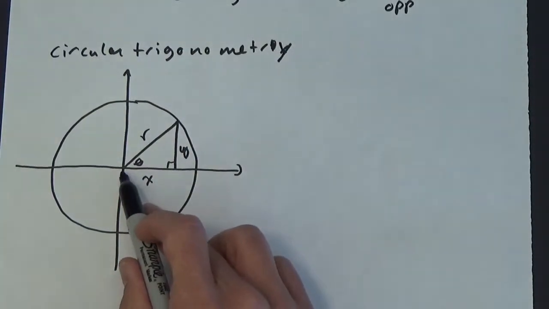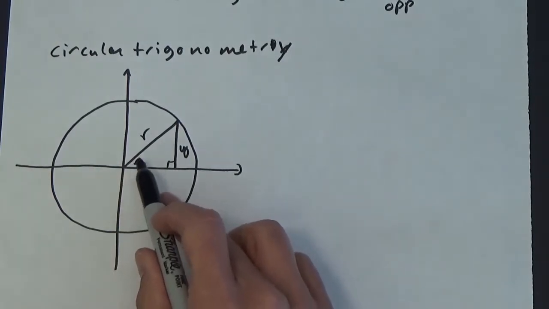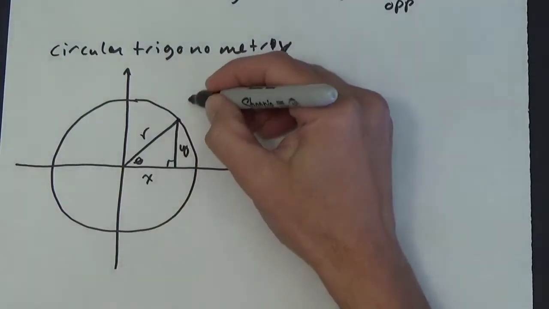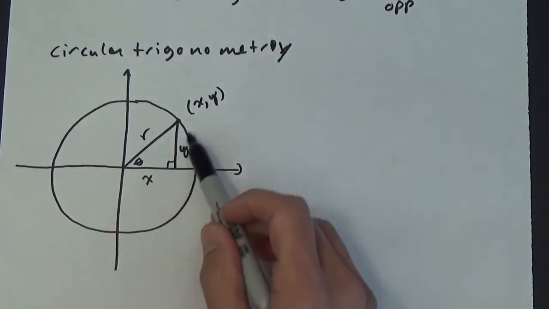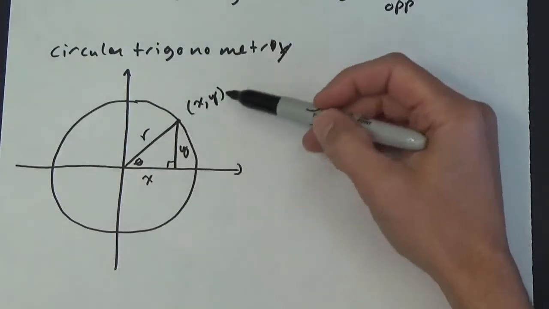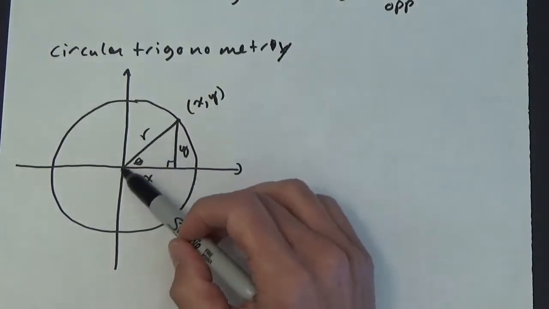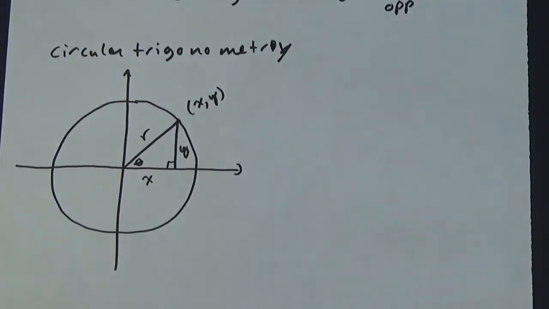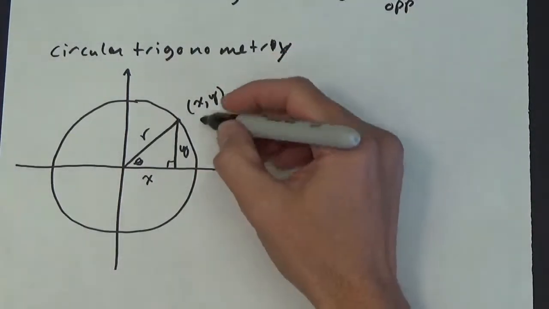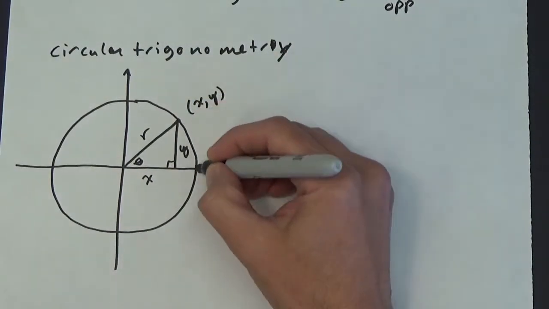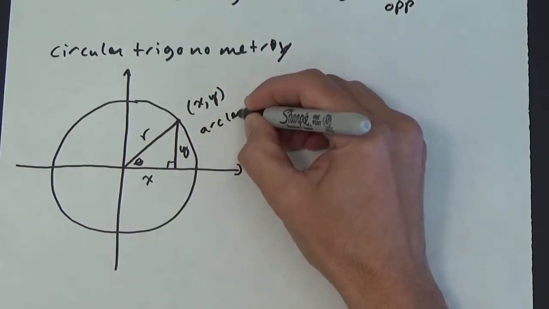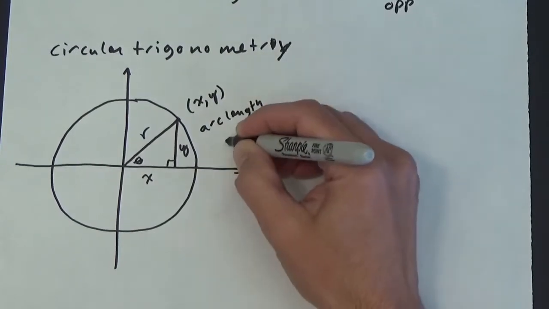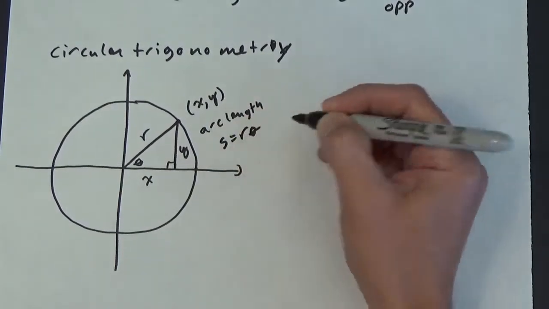Now, hopefully this makes sense logically because, if I have a point here, x, y, well, the length of this leg is the distance x, the length of this leg is the distance y, and then r stands for the radius. Now, one other point about this is that the distance from this point here to this point here is the arc length. And the arc length is s equals r theta.